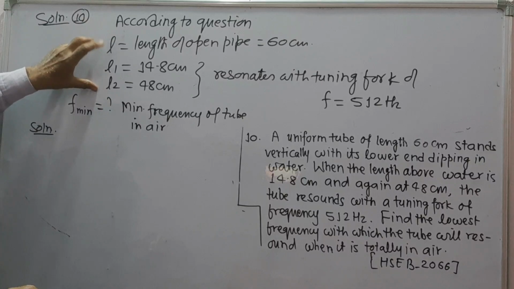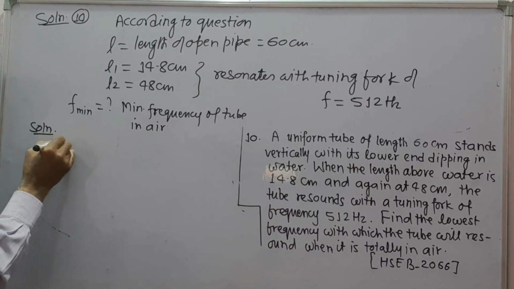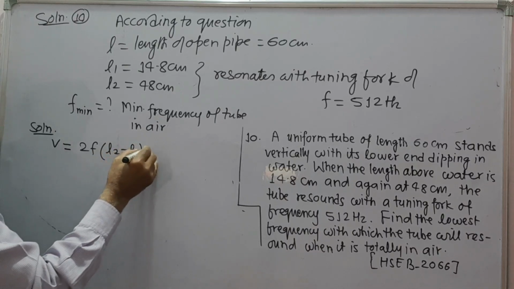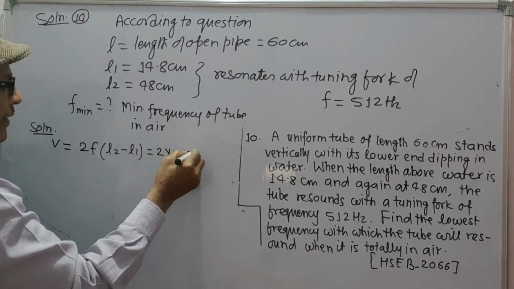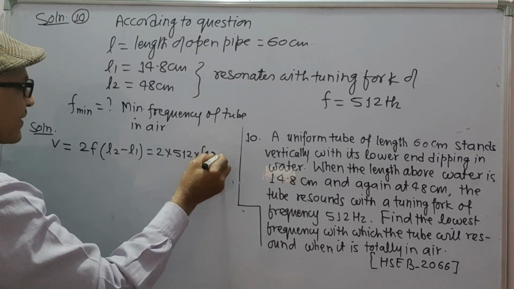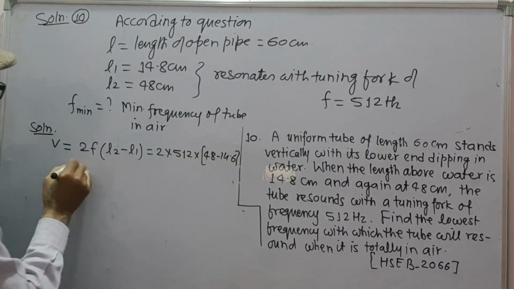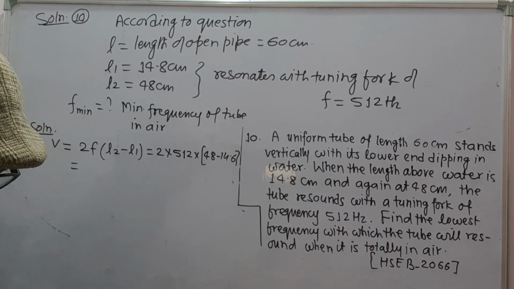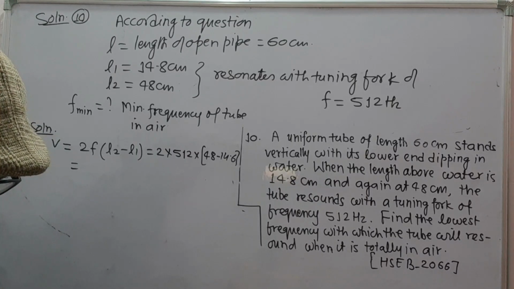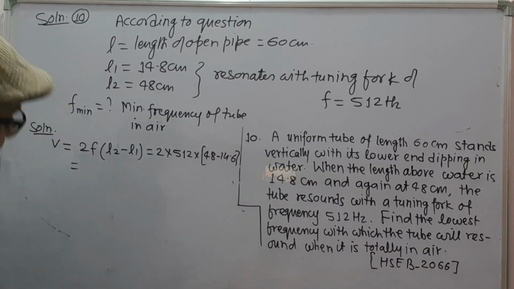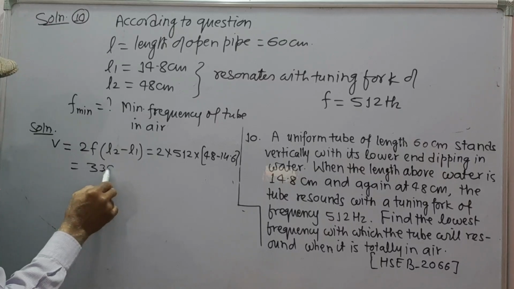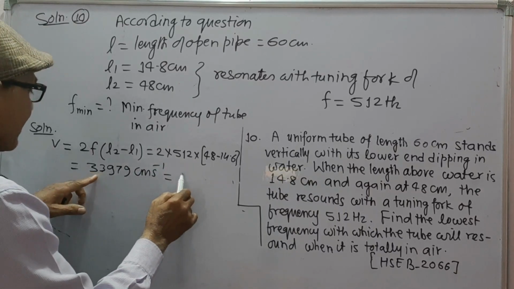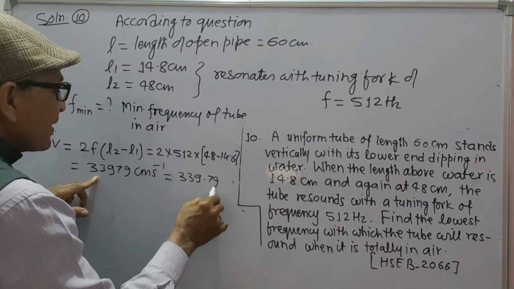This is similar to the resonance tube experiment. So V will be equal to 2F into L2 minus L1, 2 into 512 into 48 minus 14.8, which gives velocity of sound in air at lab temperature as 33,979 cm per second, which is equal to 339.79 meter per second.